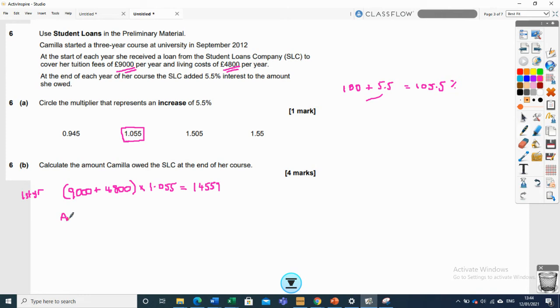So I'm just going to, in my calculator, it's ans. Add 13,800, times by 1.055, which gives us £29,918.75 rounded.